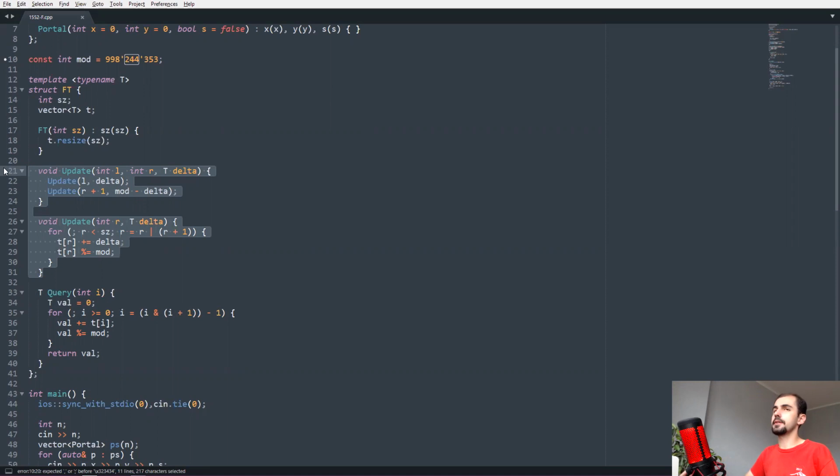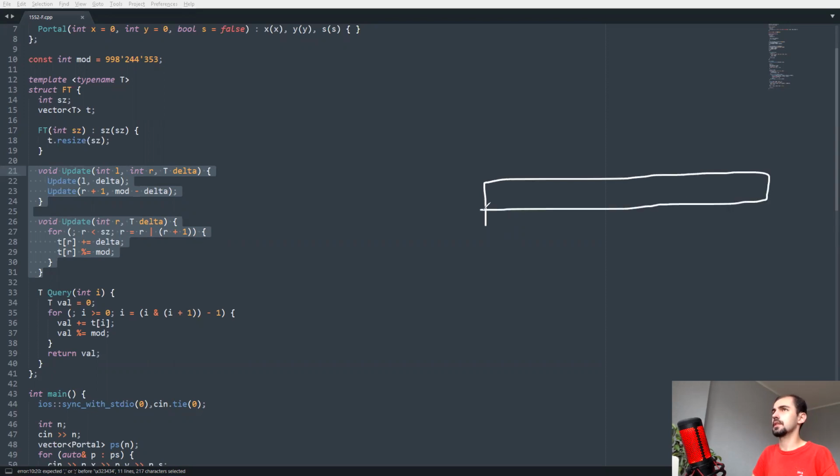Hopefully you know how Fenwick tree works, but in case you don't, a very brief introduction is that you have an array, and then each index stores some information about a array tree.